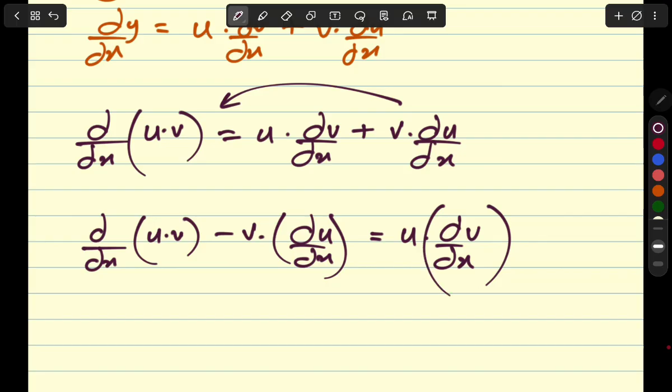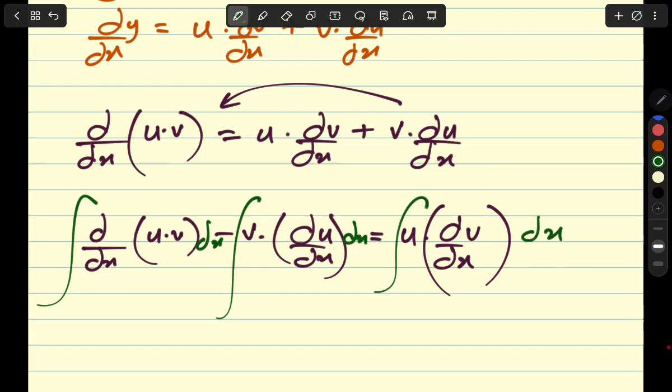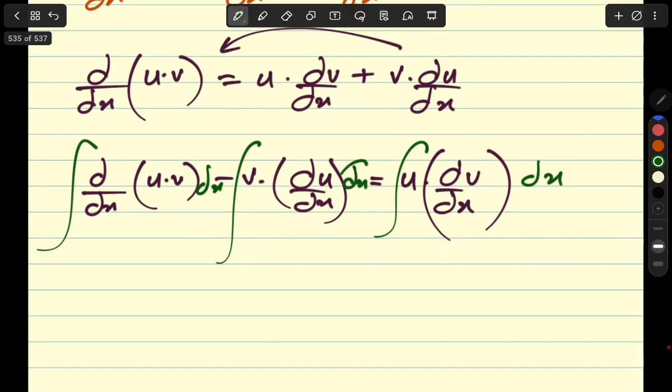That's simple. Now we must integrate every term. Now watch carefully. What if I put the integral sign? Let's use green. So now let's put dx here, and let's put dx here. So the middle integral disappears. Why? Because this we have here. So this one is going to become uv, right?